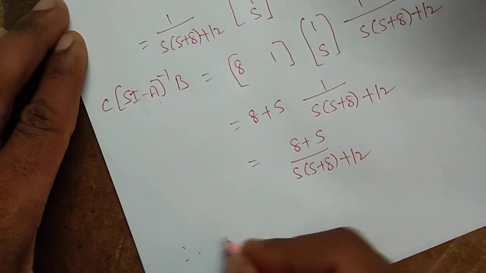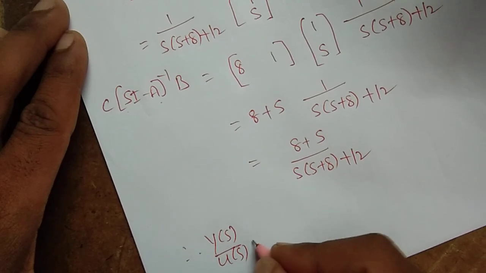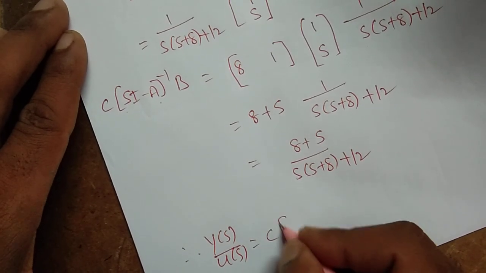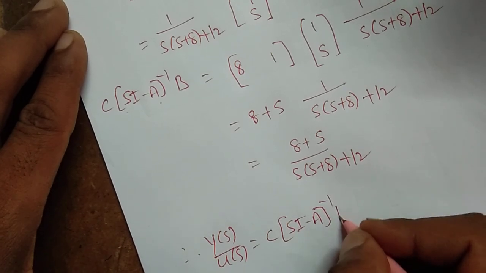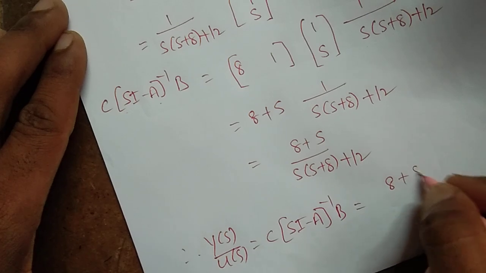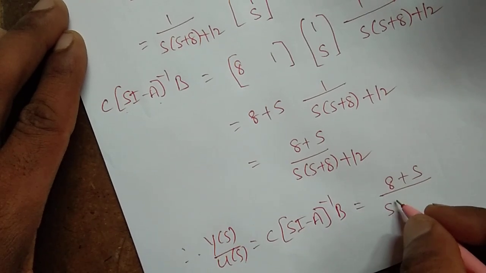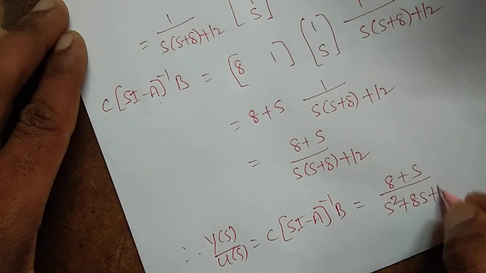Finally, the transfer function Y of s by U of s is equal to (8 plus s) divided by s square plus 8s plus 12.